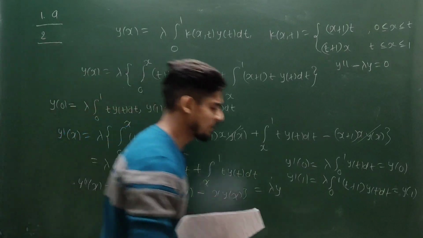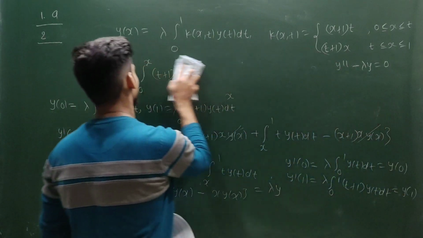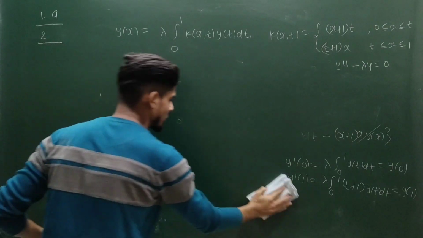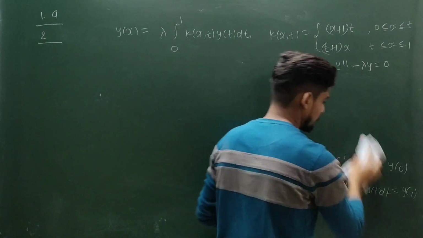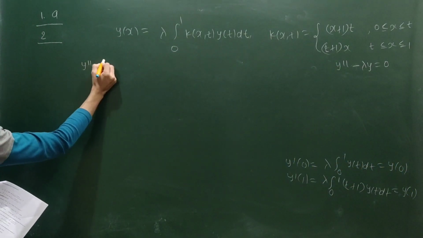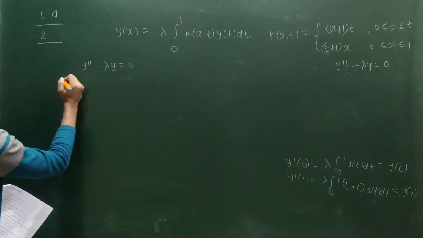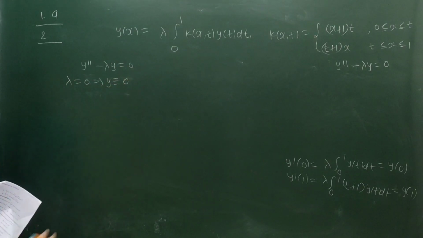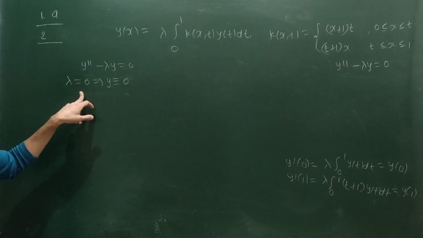So I am removing everything except these boundary conditions. If I choose lambda to be 0, this will give me an identically 0 solution. This part I am leaving to you because you can verify this.